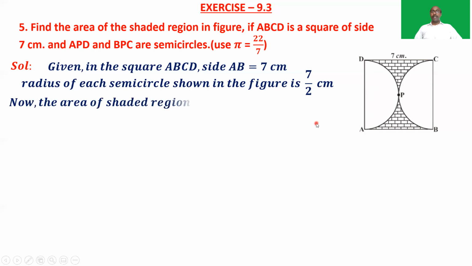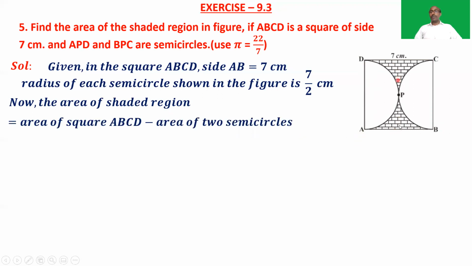So now the area of the shaded region, as we have seen earlier, is equal to the area of square ABCD minus the area of two semicircles. The area of square ABCD is the square of the side, that is 7 square, and the area of two semicircles is 2 into the area of each semicircle, and the area of each semicircle is half into pi r square.